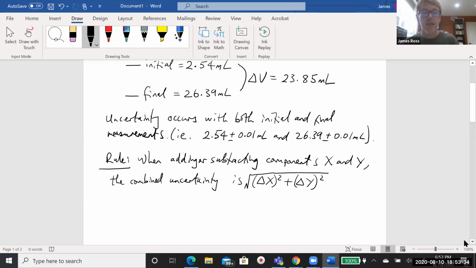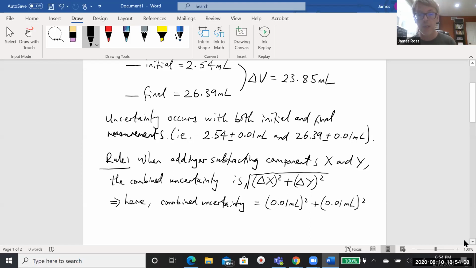So in our case, the combined uncertainty is going to be our absolute uncertainty, which is 0.01 mL squared for the initial value, and then again 0.01 mL squared for the final value because it's the same tool being used.